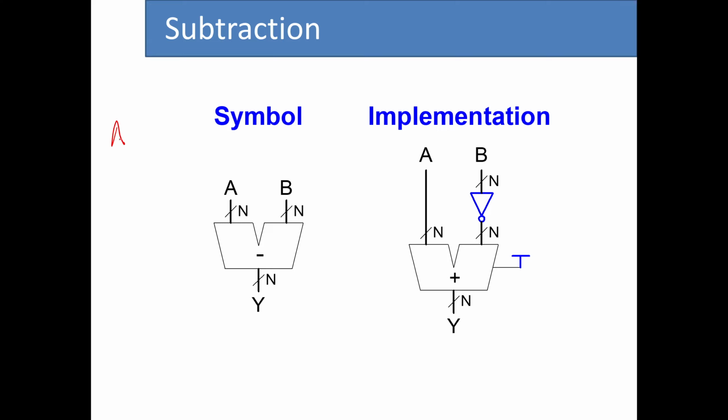So a minus b is actually a plus negative b. That means that if we have a circuit for addition, we can use the same circuit for subtraction as well. What we need to do is find the value b with a negative sign.